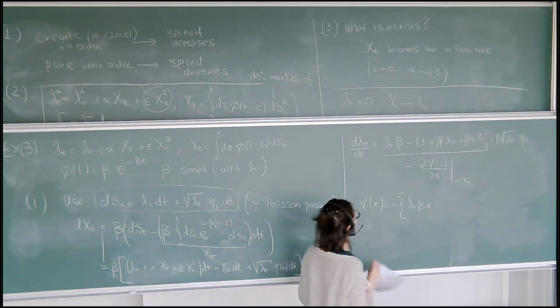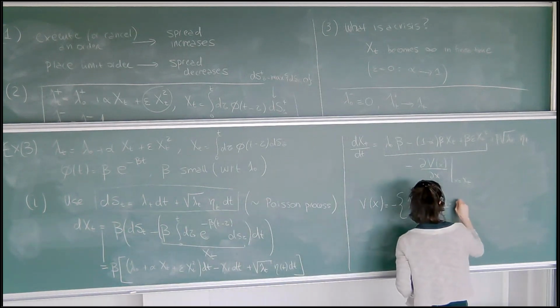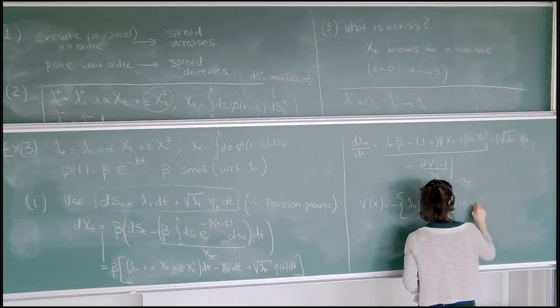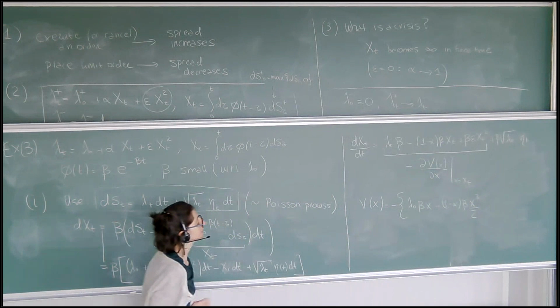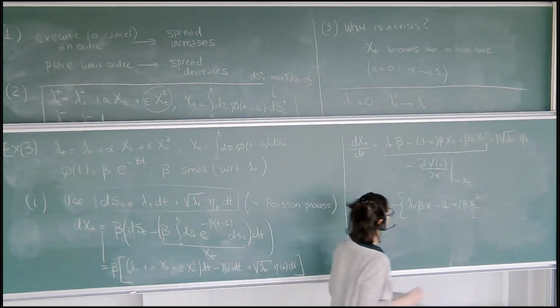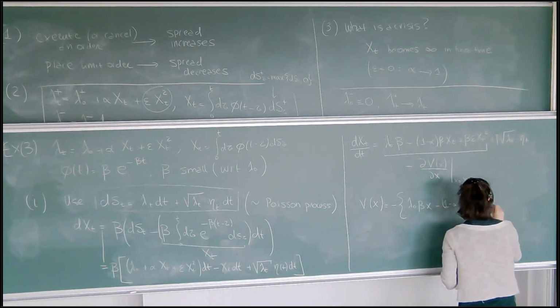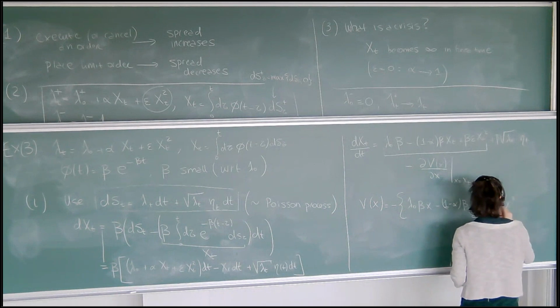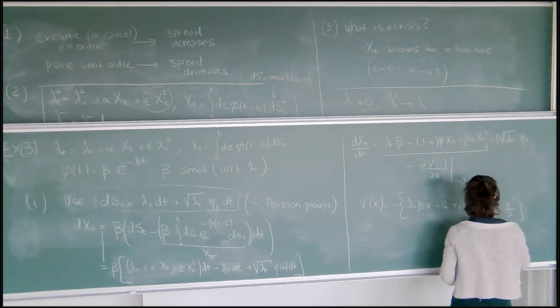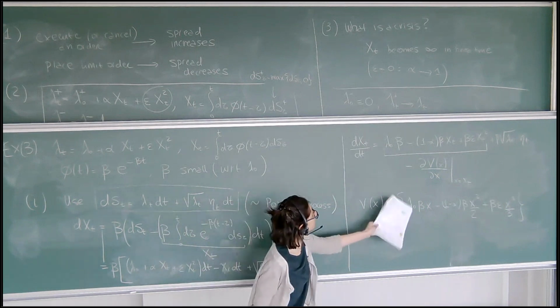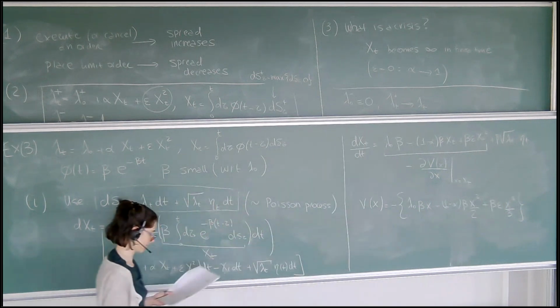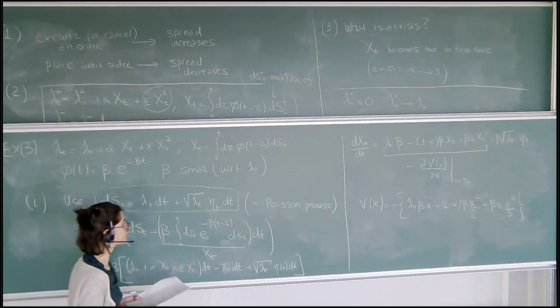Then I have something that is linear, so the integral will be x squared over 2. And then I have the quadratic term, which will give me x cubed over 3. So if I now take minus the derivative of this object, I recover what I have in the right-hand side.